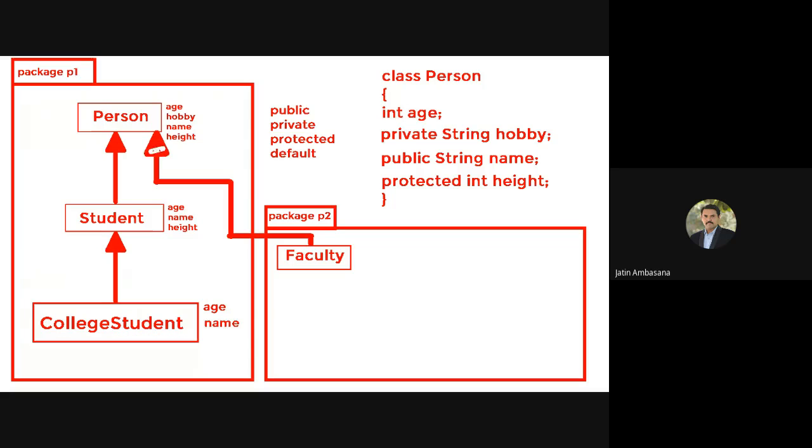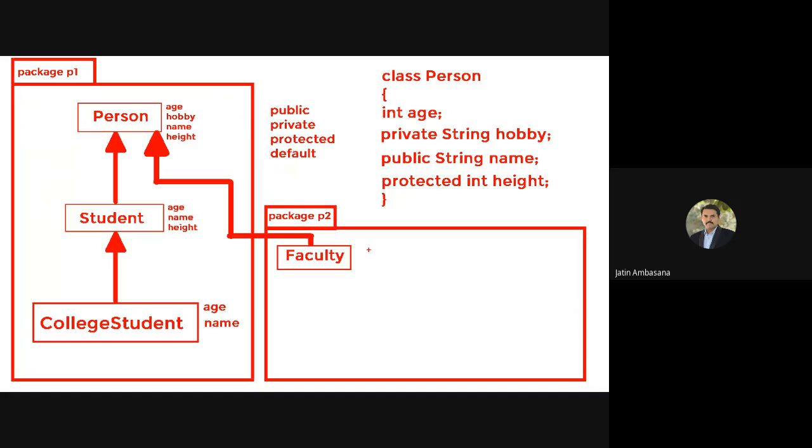Understand what I mean to say? So which properties would the faculty class get? See, now this age is what? Age is having default scope, so it is limited to this package only, right? So this age will not appear over here.